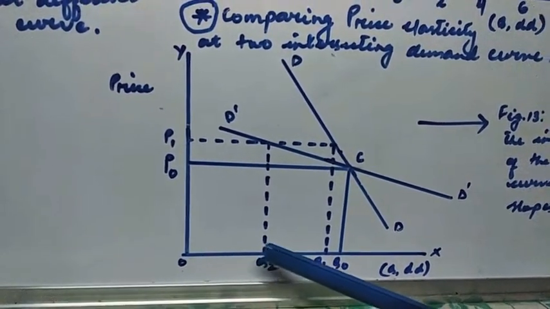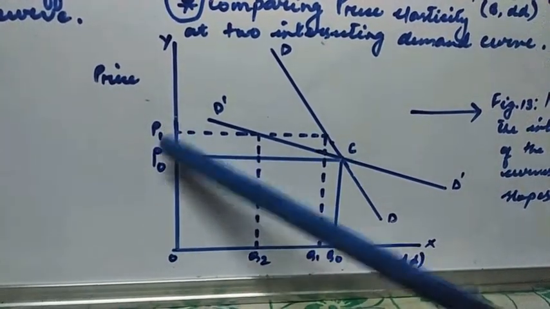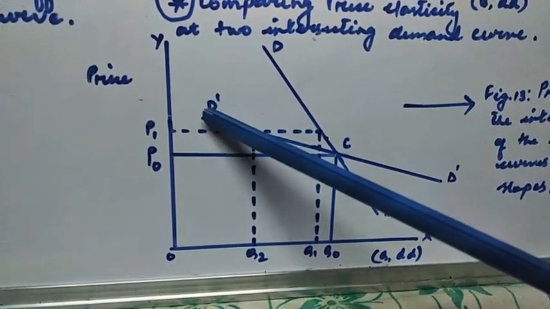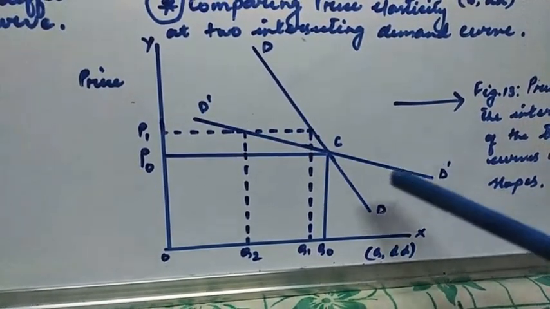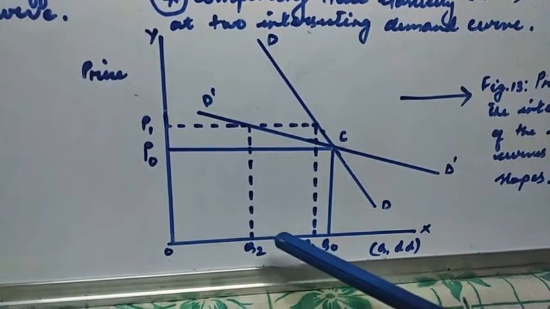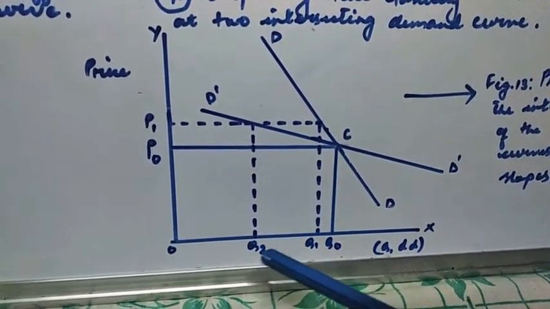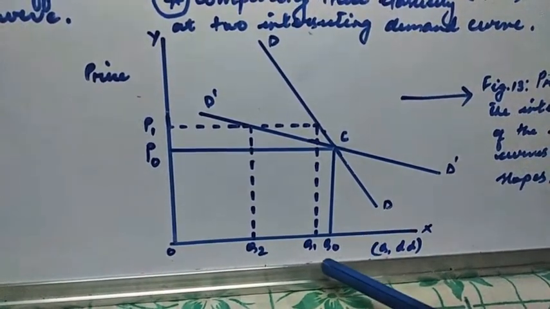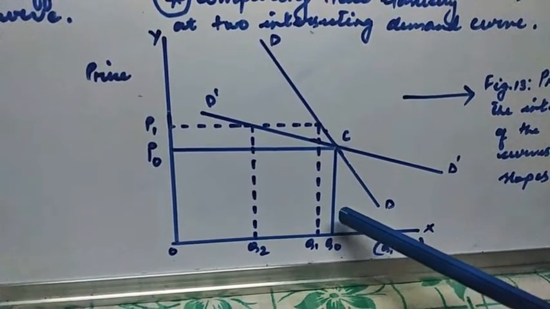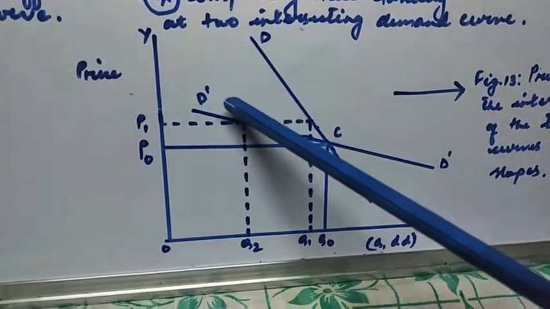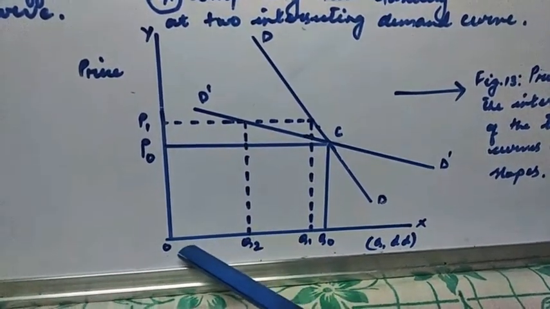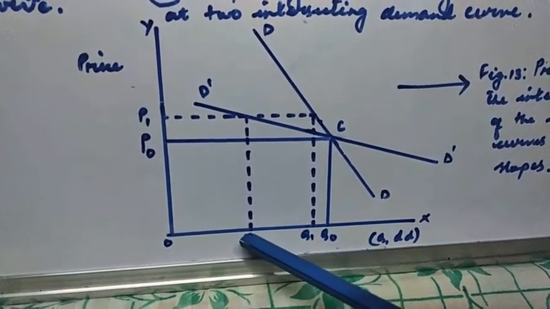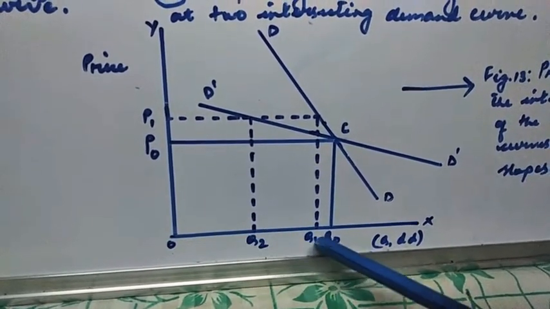to OQ2. So when the price has risen from OP0 to OP1, for the flatter demand curve D dash D dash, quantity demanded is OQ2. Earlier both of them were demanding OQ0, but now because of the change in price, in the case of the flatter demand curve D dash D dash, quantity demanded has shifted from OQ0 to OQ2, which is a great shift.